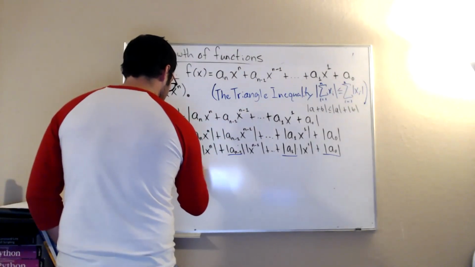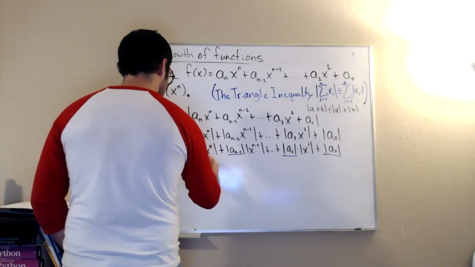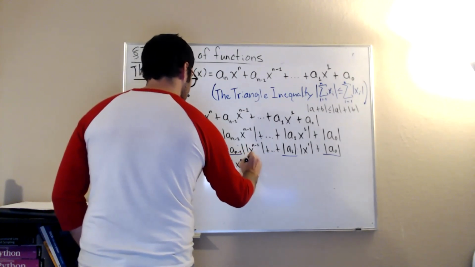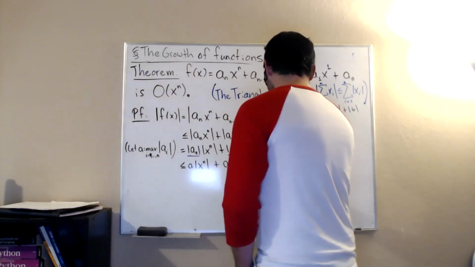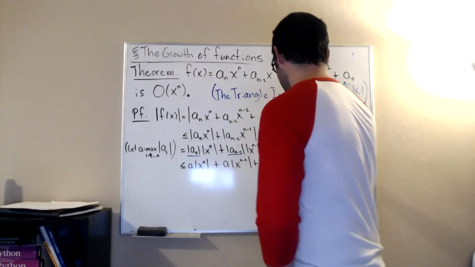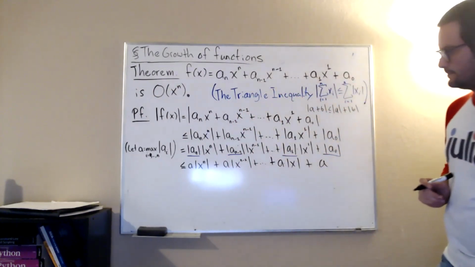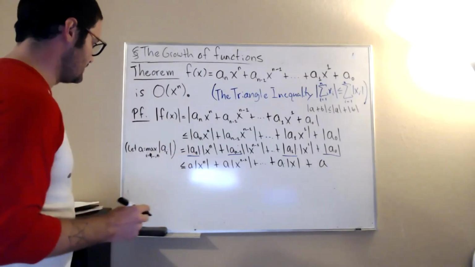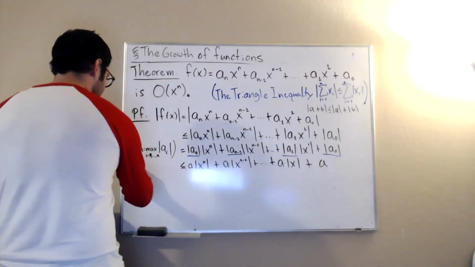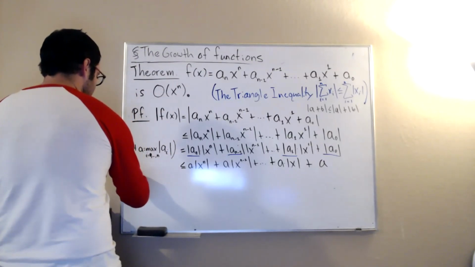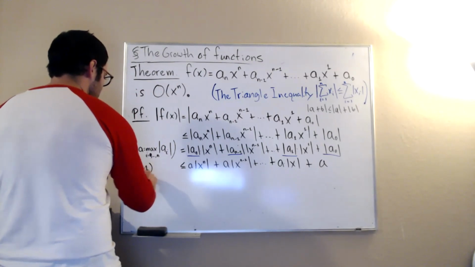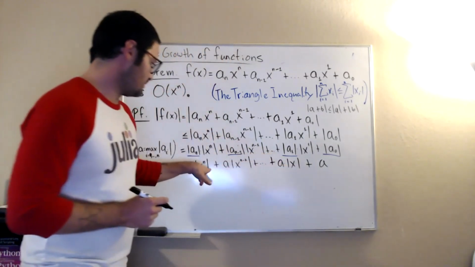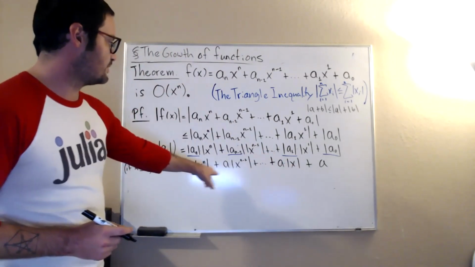So then this is less than or equal to A times that piece plus A times this piece plus dot dot dot plus A times this piece there plus A. Now I want to say that if x is greater than or equal to 1, then x to the power n is greater than or equal to x to the power n minus 1, so this will be the largest value for x whenever x is greater than or equal to 1 for each of these pieces.